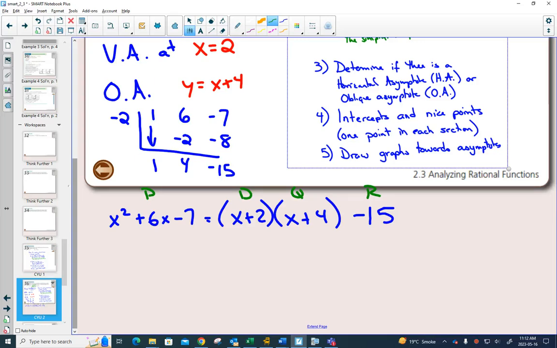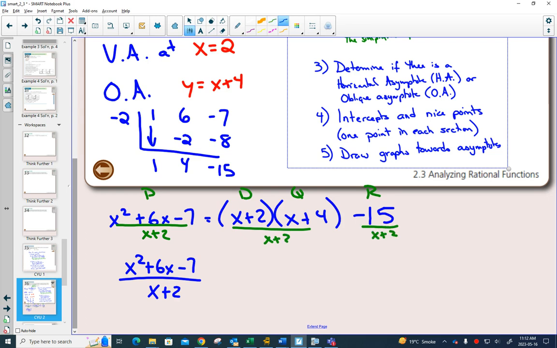Okay? What are we graphing? We are graphing x squared plus 6x minus 7 divided by x plus 2. So if I divided each of these by x plus 2, this by x plus 2, and this by x plus 2, I would get x plus 4 all by itself minus 15 divided by x plus 2.